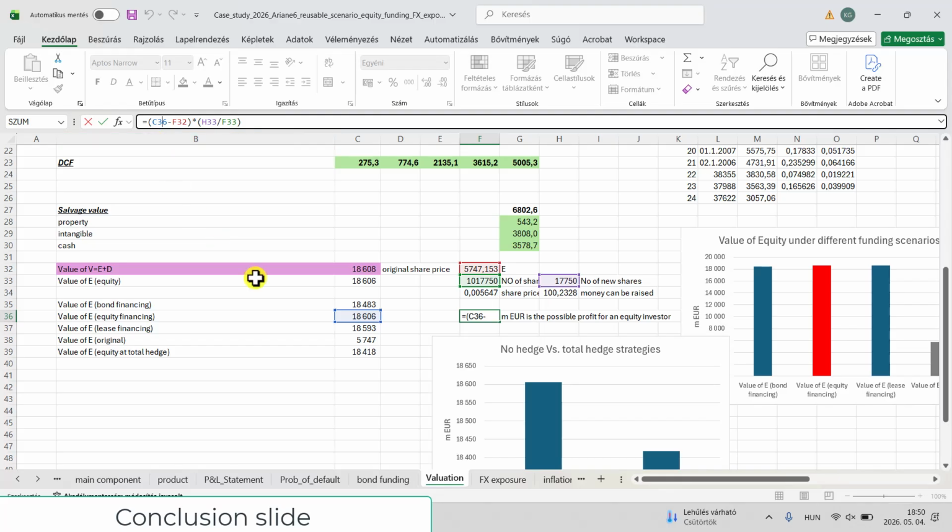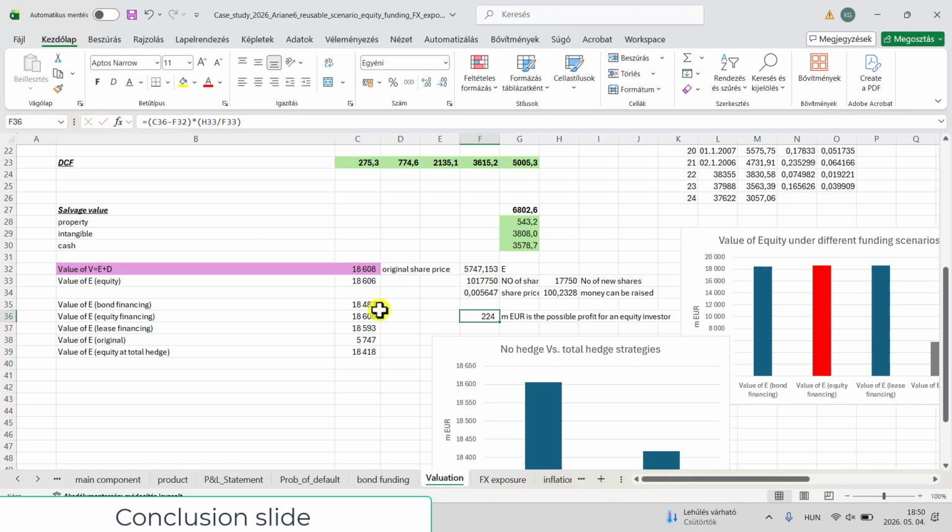So C36 minus F32. Obviously this was the new equity value. This is the original equity value. We have to divide by the package what we have here.